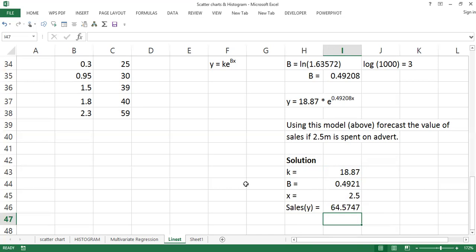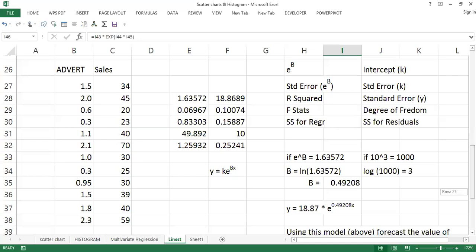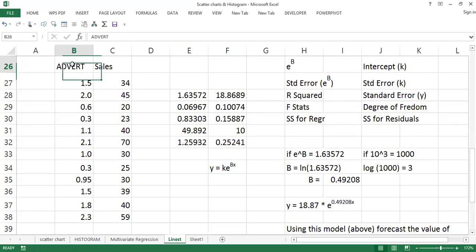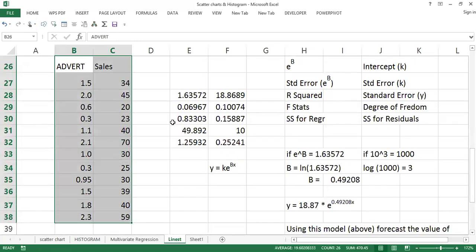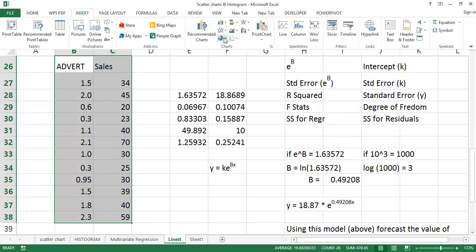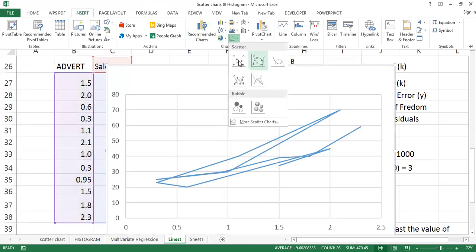Does it look realistic? Let's look at it. When sales is 2.5, we are saying y will be 64. Let's see if it looks realistic. Let's do a scatter plot here. Insert that.